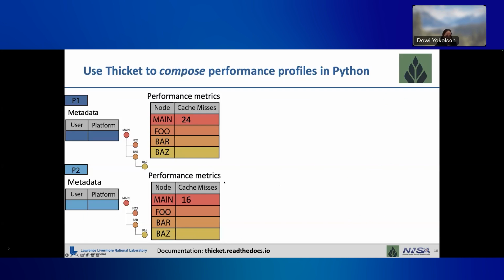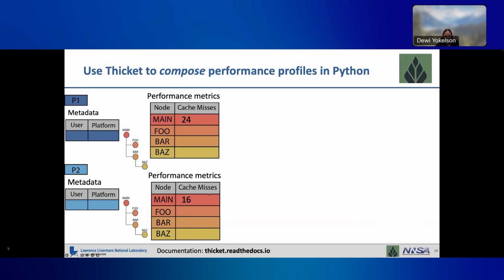So you can imagine you have two profiles here. Profile 1 contains the metadata, who ran it, where did it run. You have your call tree as well as your performance metrics. And then you have profile 2, also containing the user and platform, the call tree.